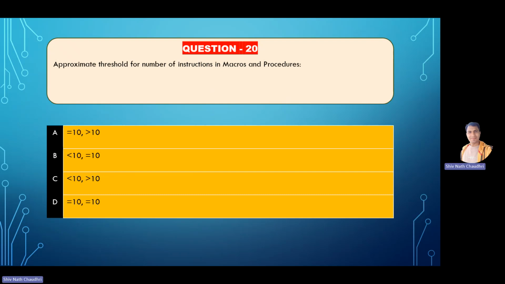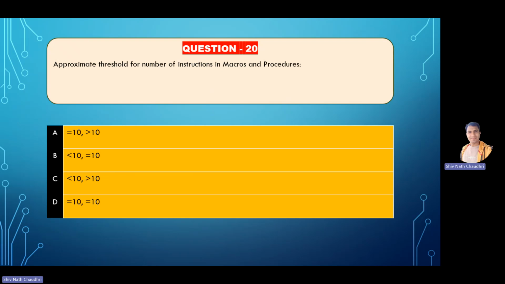So we can consider that macros have few instructions in comparison to procedures. What is the approximate threshold? First, note that it is approximate, so we cannot say exactly this number of instructions holds. Option A is macros have 10 instructions and procedures have more than 10 instructions.